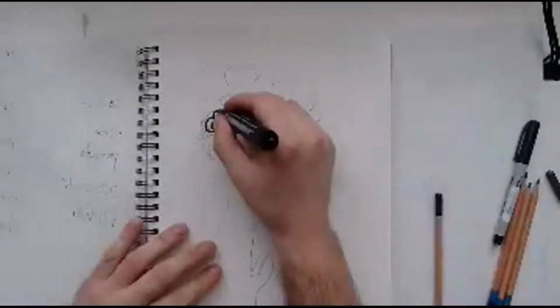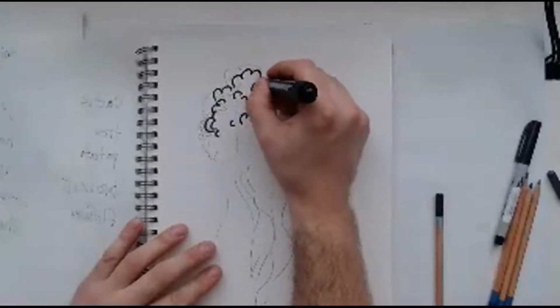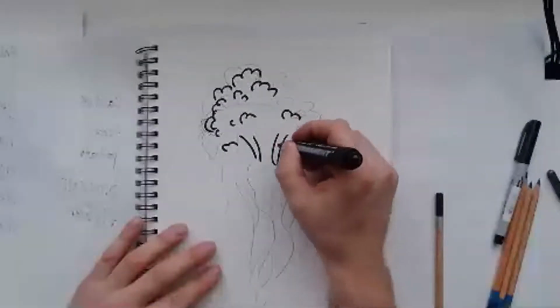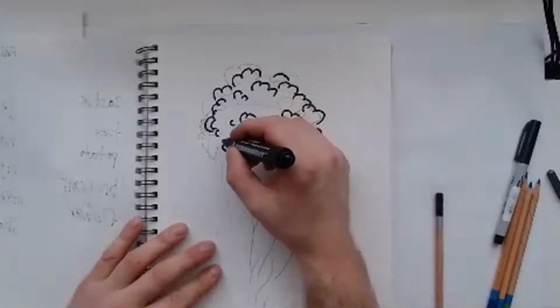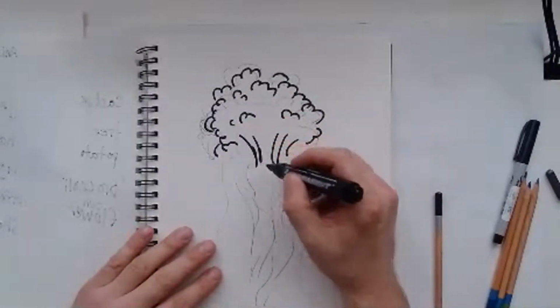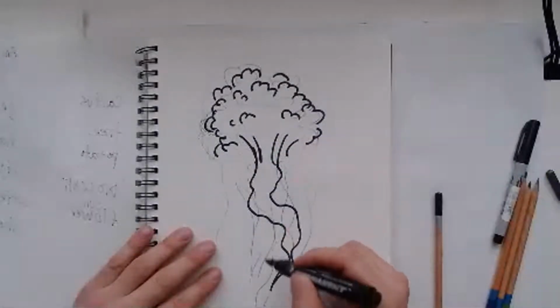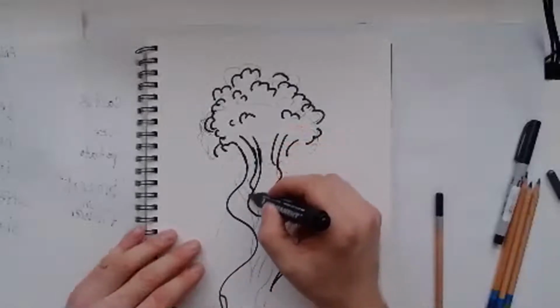And the stalks kind of come down like that, I guess. I'm just kind of doing it from memory, how I remember broccoli to be. And then the stalks, maybe that will sort of turn into the jellyfish part.